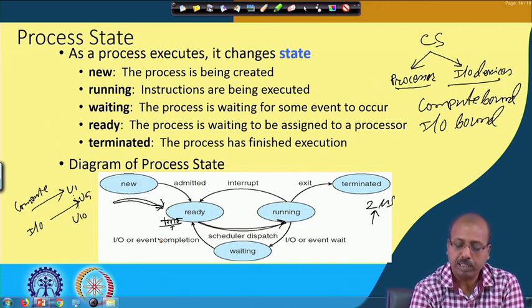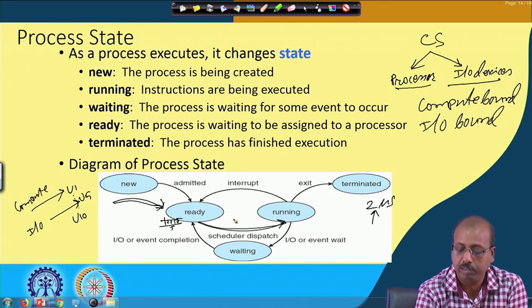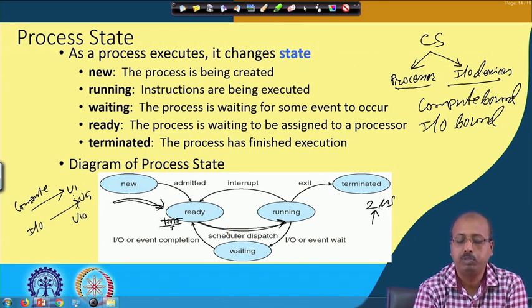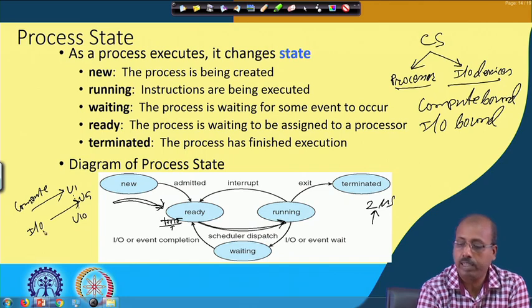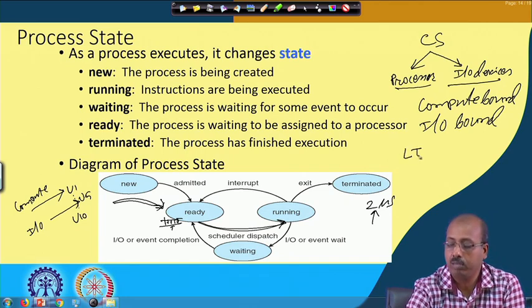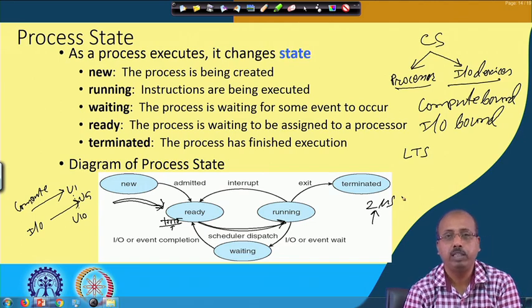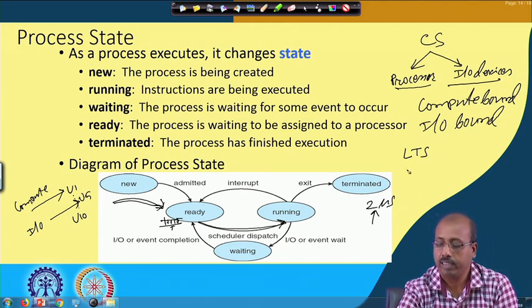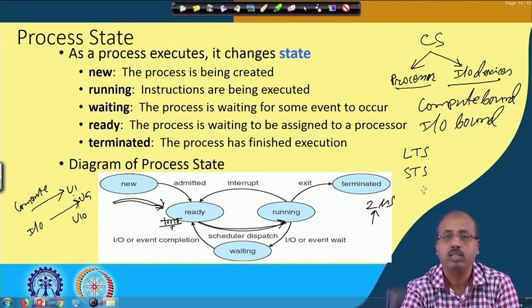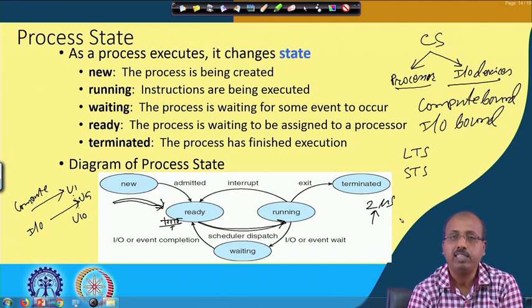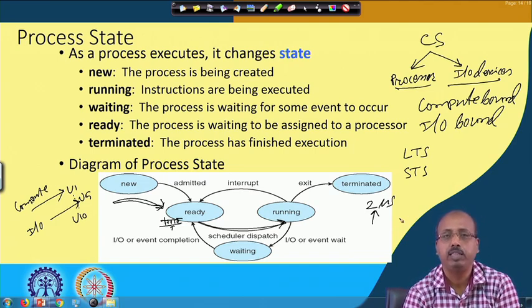This particular scheduler that is running here is known as the short term scheduler or CPU scheduler, and it has to be very fast, whereas the long term scheduler may take slightly more time, but it should give me a good mix of jobs. The short term scheduler should be very fast, and it may not be doing that much of selection between the jobs.